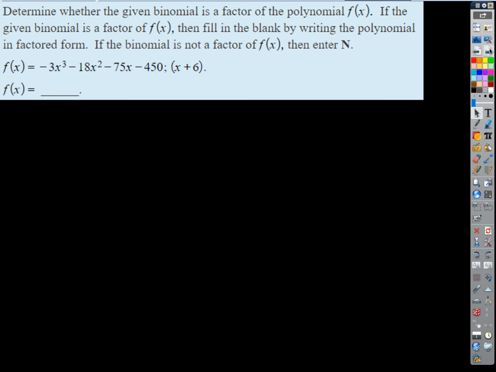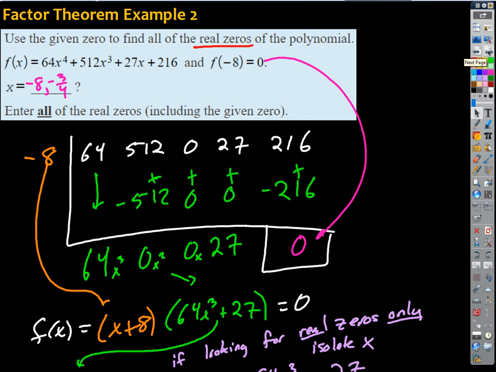Or more typically, we did problems like this, where if they gave me one 0 of -8, I found the other ones. I divided that through synthetically, and whatever I got left over, I turned into a polynomial that I set equal to 0 to find the other zeros. So -8 was a 0, which left us with the polynomial 64x cubed plus 27.